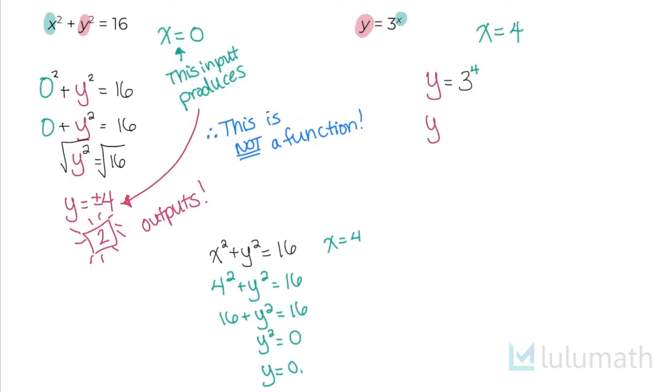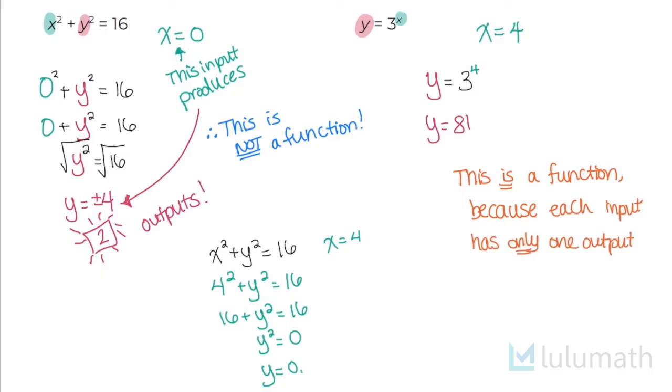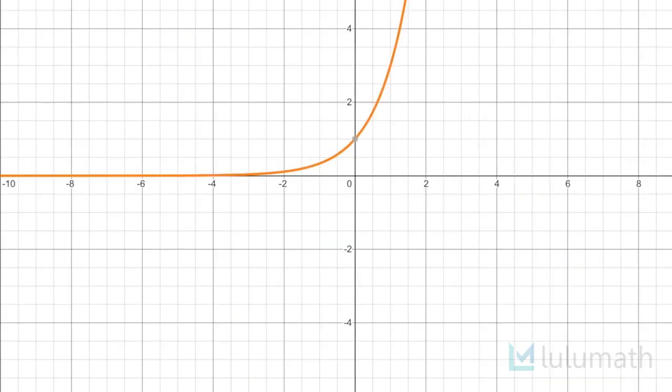So my input of 4 gives me a single output of 81. And if I raise 3 to any power, I'm only going to get one answer. Therefore, this is a function. Because each input has only one output. And if you see here, no matter what my input is, I only get a single output. So therefore, it's a function.